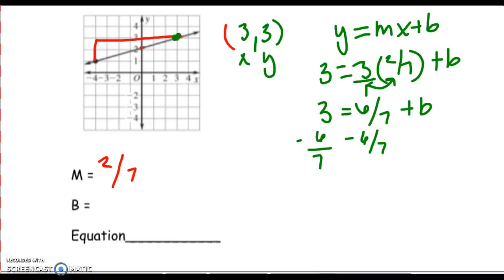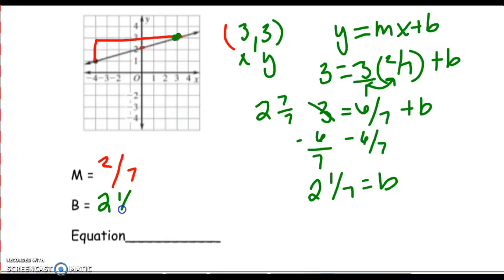And my 3 I need to turn into a common fraction. I'm going to actually turn it into 2 7/7, because that would be 2 plus 1. So 2 7/7 minus 6/7 is going to give me 2 1/7 is going to be equal to b. So 2 1/7.